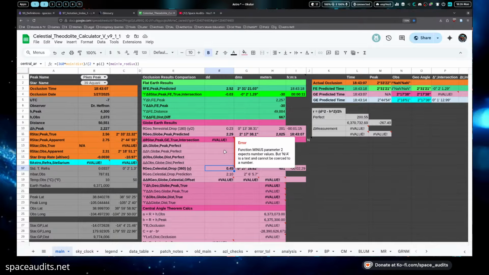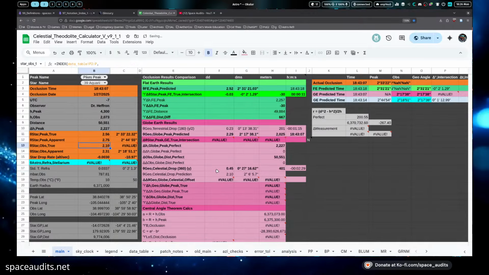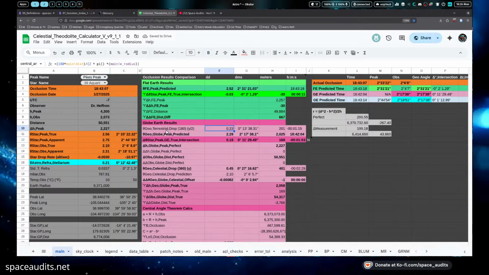Just angle equals distance there when referencing all this. So because of this 27 arc minute central angle from observer to peak, there's going to be 13 arc minutes of drop over distance, which comes out to be 200 meters in this case.